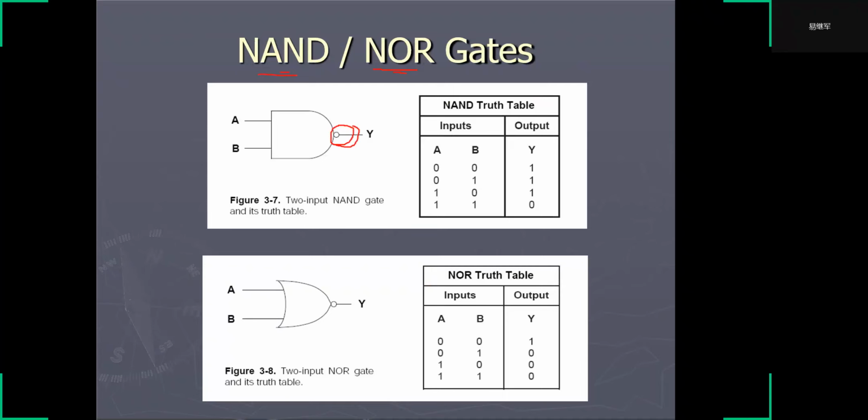In the AND operation, we get 0, 0, 0, 1. So with the NOT operation, we get 1, 1, 1, 0. NOR truth table.